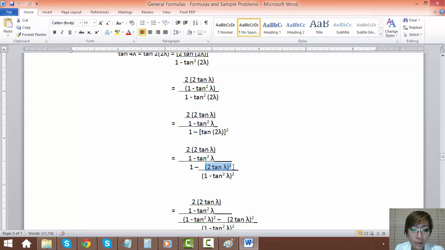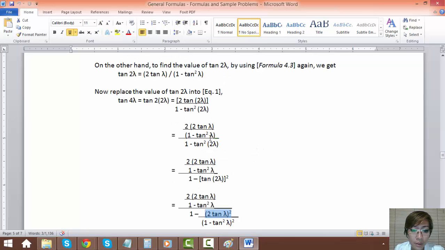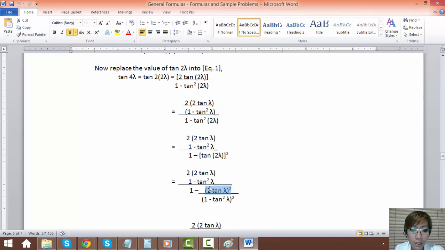So we get now this value as 2 tangent lambda squared all over 1 minus tangent squared lambda.